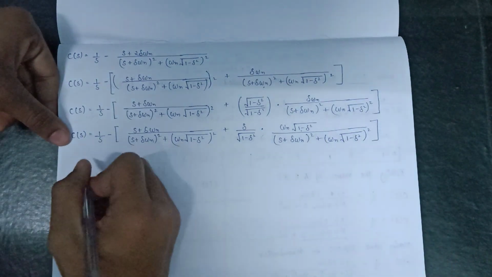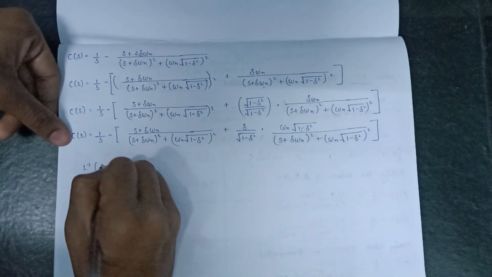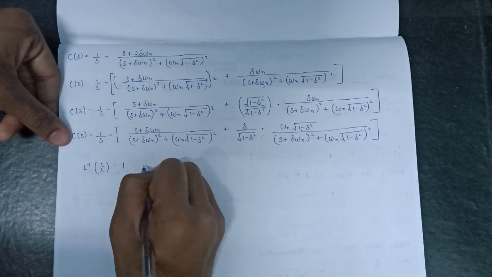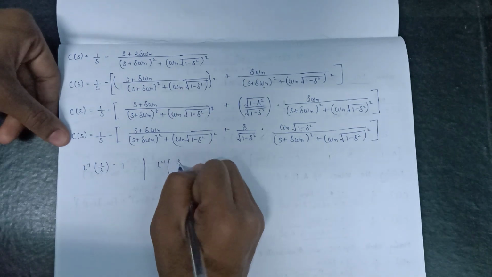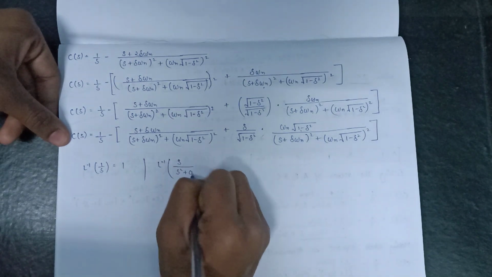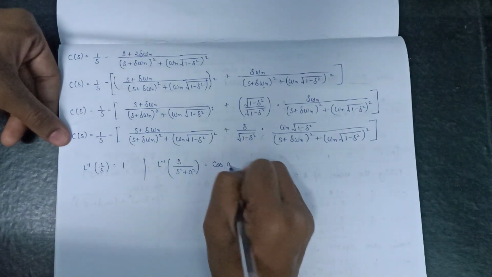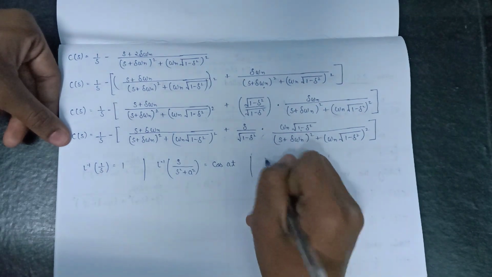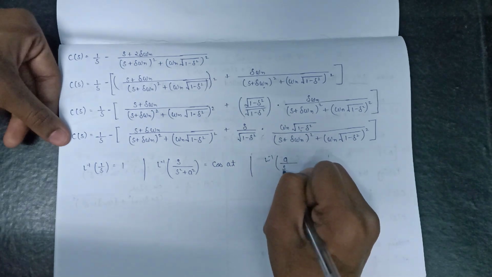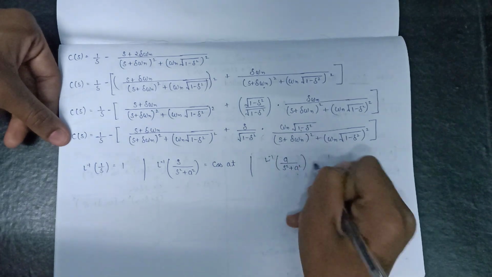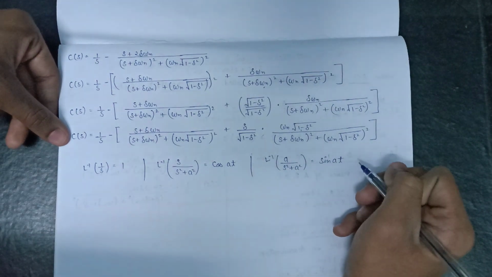Since we knew some Laplace inverse transforms, that is, the inverse Laplace transform of 1 over s is equal to 1, and also the inverse Laplace transform of s over s square plus a square is equal to cos of at, and also the inverse Laplace transform of a over s square plus a square is equal to sine of at.